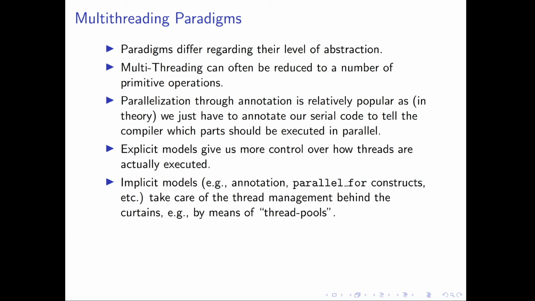When we're not in settings where we need the very last bit of performance, we are usually well advised to use annotation. The explicit models give us a bit more control. And the implicit models that provide us with parallel primitives and with constructs such as parallel for are a pretty good common ground between the two.